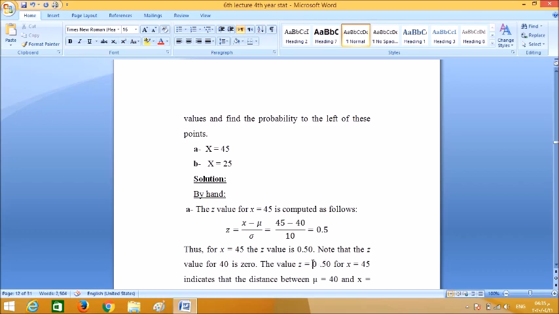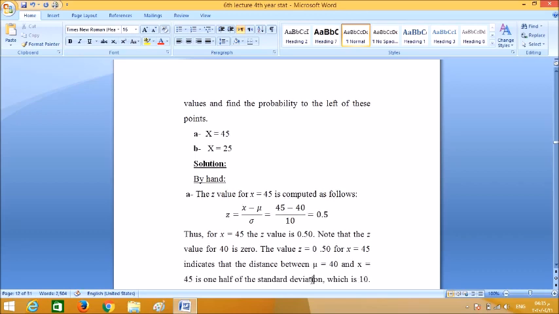The value z equals 0.5 for x equals 45 indicates that the distance between mu equal to 40 and x equal to 45 is 1/2 of the standard deviation.